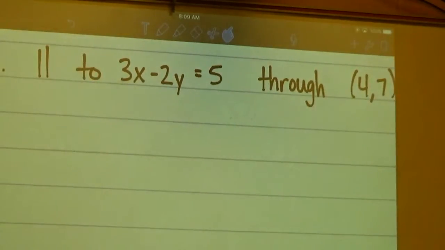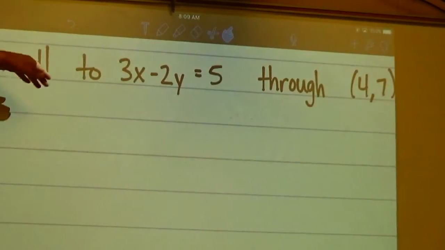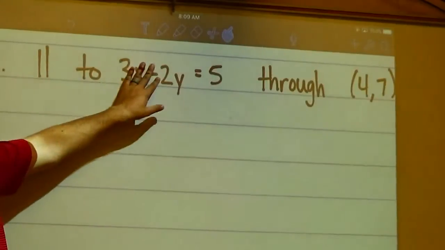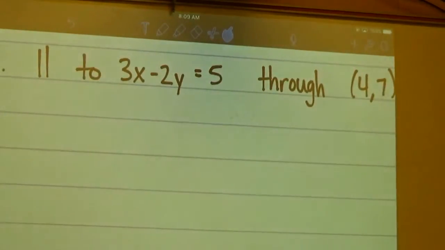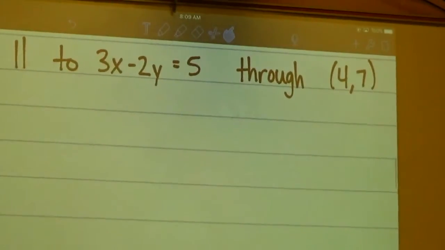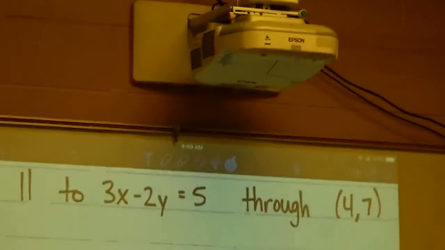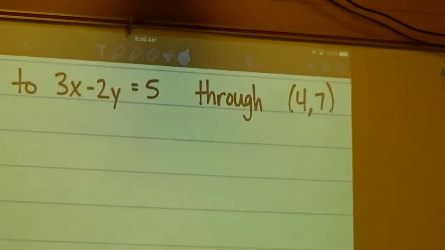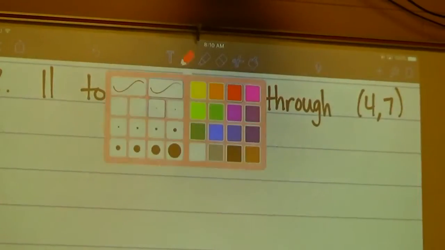If you see two lines that are parallel, the equation of a line parallel to this goes through the point (4, 7). Can we tell what the slope of the given line is right away? No, so we've got to solve this a little bit.